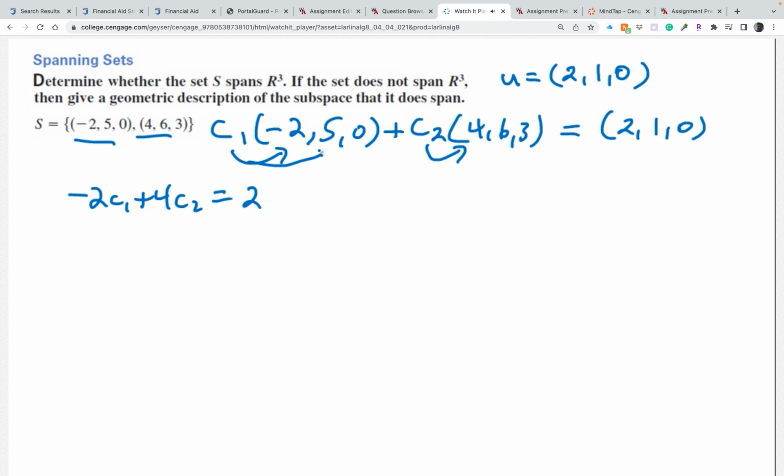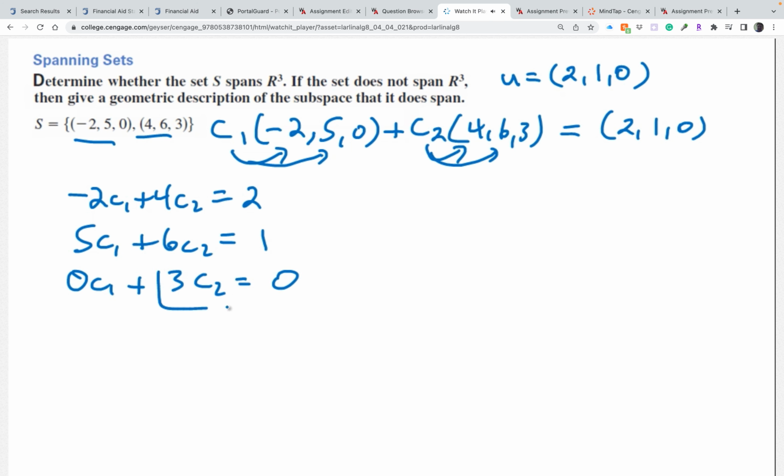Then 5 c sub 1 plus 6 c sub 2 equal to 1. And finally, 0 c sub 1 plus 3 c sub 2 equal to 0.